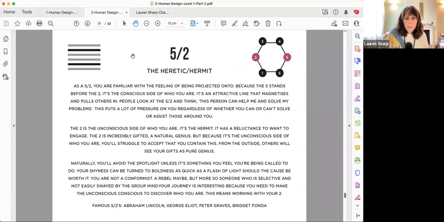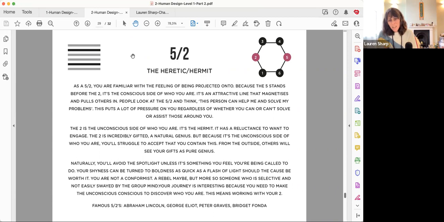And then the 5-2. We're now getting more familiar with these numbers as we work through them. So what happens here with the 5-2? It's like, hey, you can do this, you can solve it, and then the 2 goes, I just want to be a hermit. This is a bit too much. I'm withdrawing. I need to process.